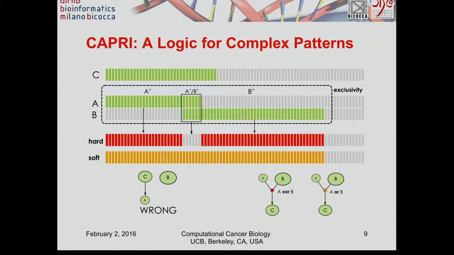And this is wrong, because it would look like from C you would infer A and leave B by itself. But if you want to look at hard exclusivity or even soft exclusivity, so standard OR or XOR, then these are the kinds of networks that you want to infer. And our algorithms are capable of dealing with exactly this problem here.